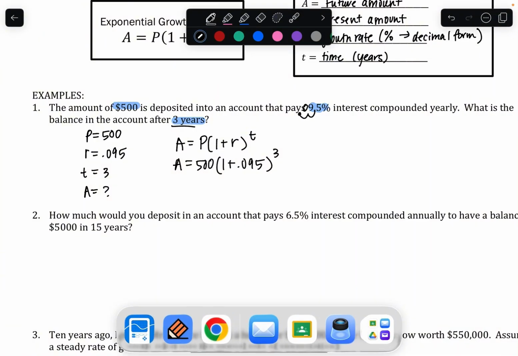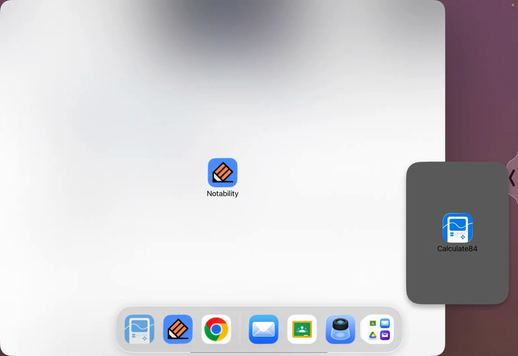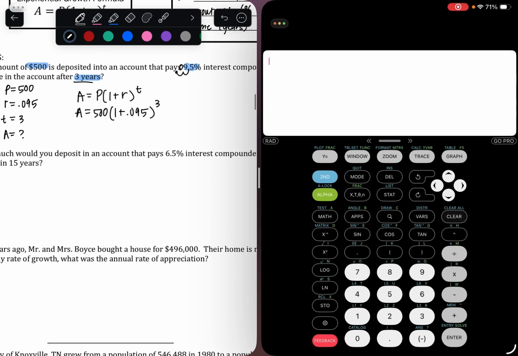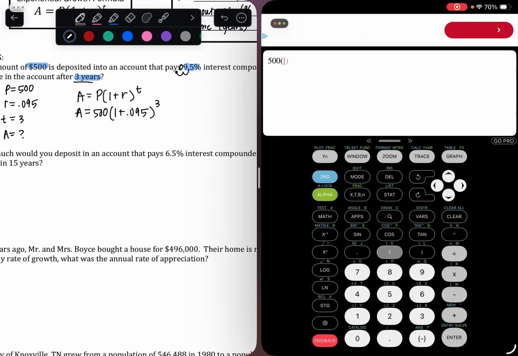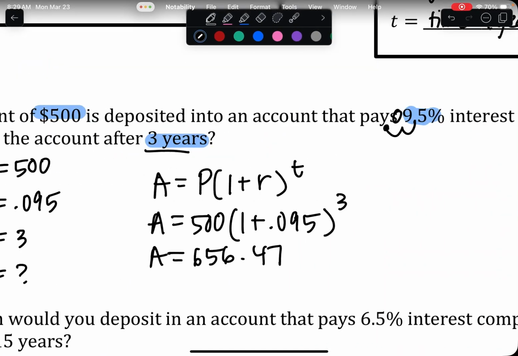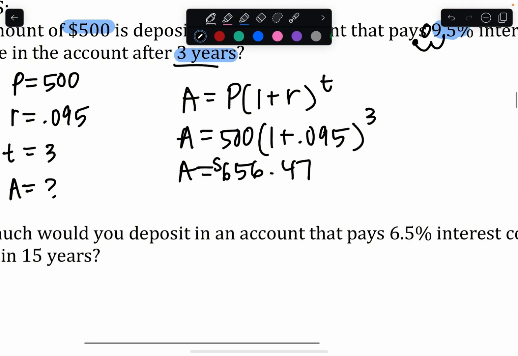Okay, and so we can get our calculator and type that in just as is. 500 times (1 plus 0.095) raised to the 3rd power. We would get $656.47. For money, you keep 2 decimal places. And so for your final answer, just add your dollar sign and highlight.